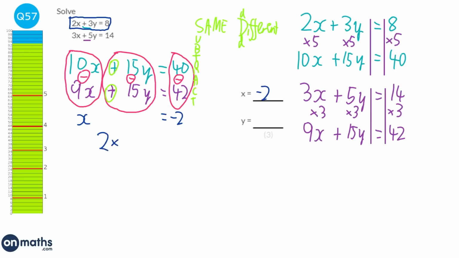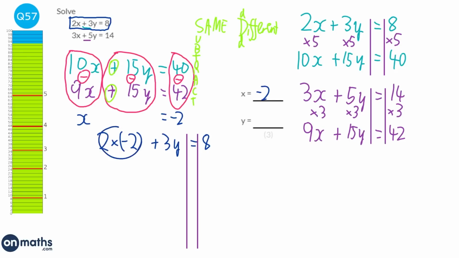So we've got 2 times minus 2 plus 3y equals 8. And we can get our lines in. So the first thing we're going to do is take away the minus 4. We're going to add 4 both sides, because we've got a minus 4 here.